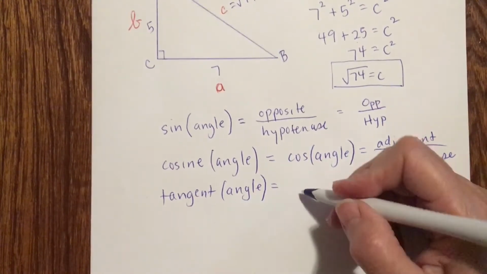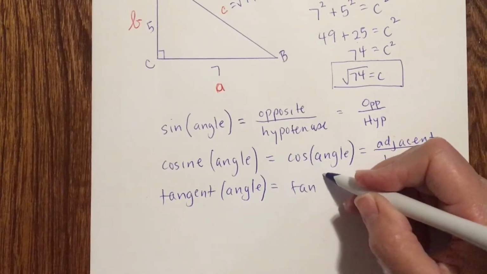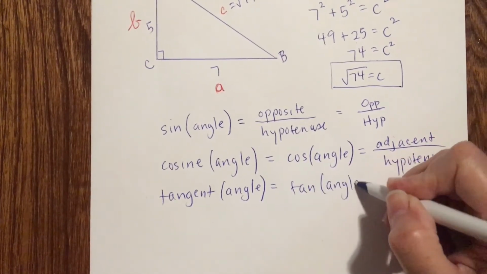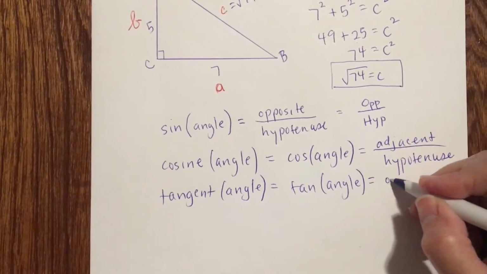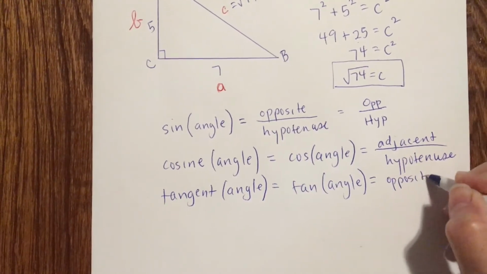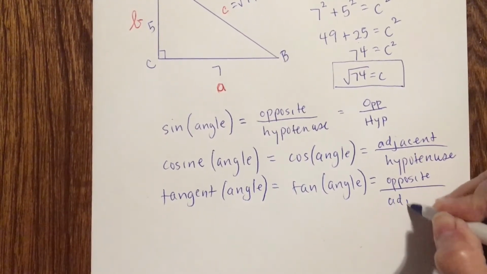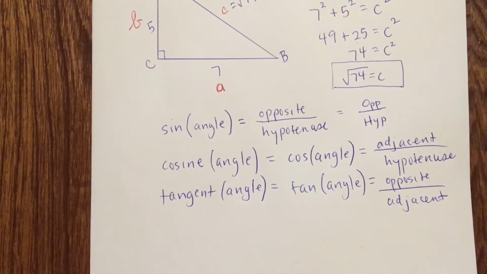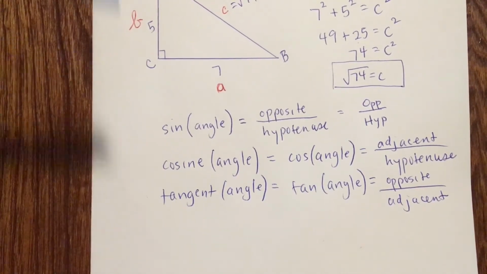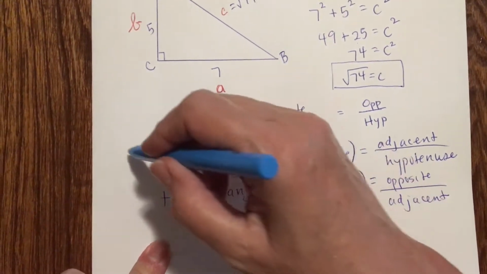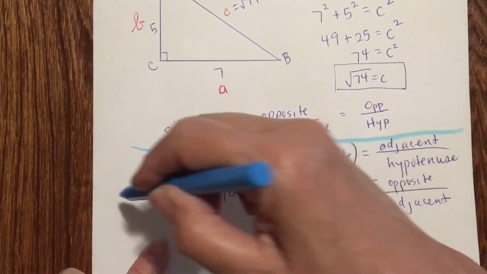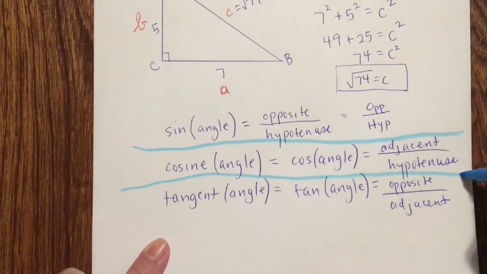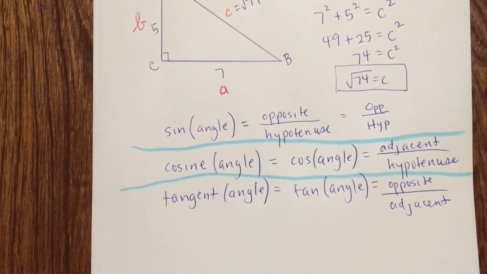The abbreviation is TAN of the angle. Tangent is opposite over adjacent. Now, if you remember when I did the video with opposite and adjacent, the opposite and the adjacent will change depending on what angle you're looking at. Let me separate this because they look like they're all kind of running together right there.